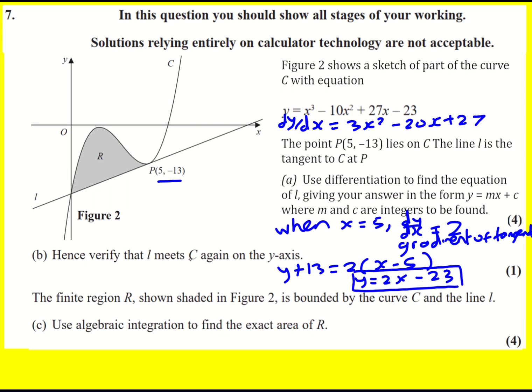Hence verify that L, this tangent, meets C again on the y-axis. So I just noticed that we've got -23 here as the intercept for C, and -23 here for the intercept of the tangent.